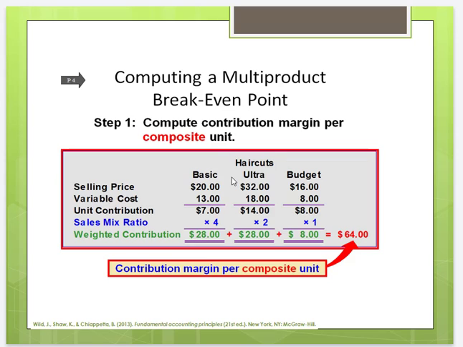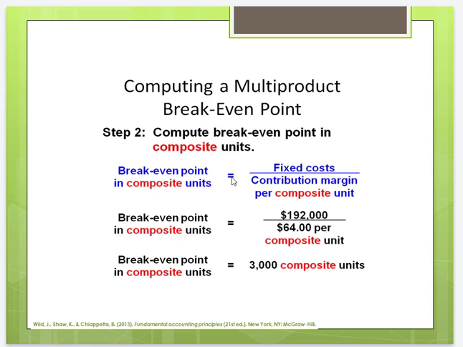For the ultra, we take the $14 unit contribution and multiply that by our sales mix ratio of 2 to get $28. And we follow the same approach with the budget. When we add the weighted contribution margins together, we come up with $64. That is our contribution margin per composite unit.